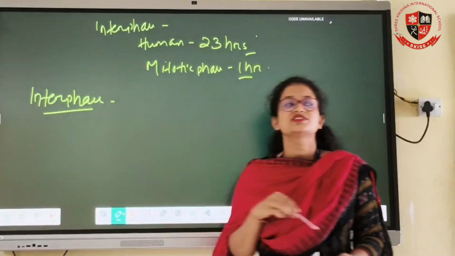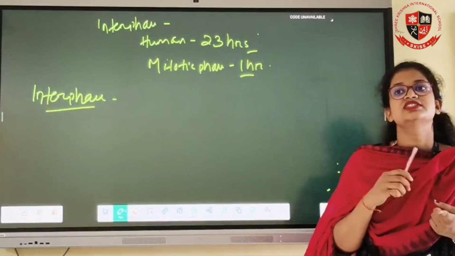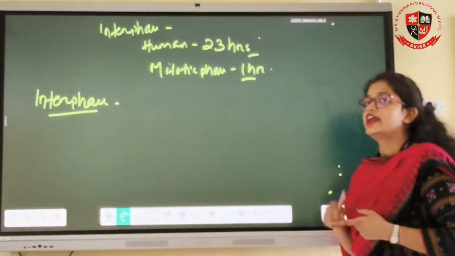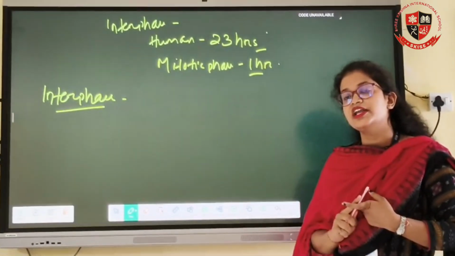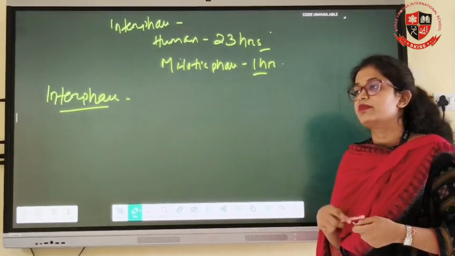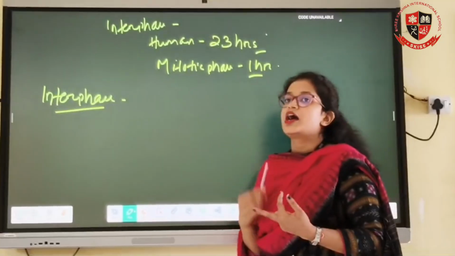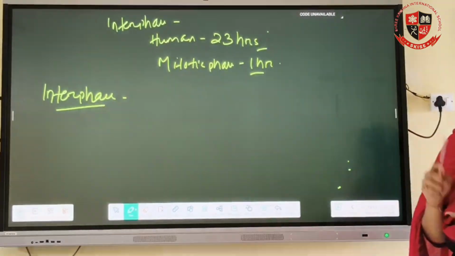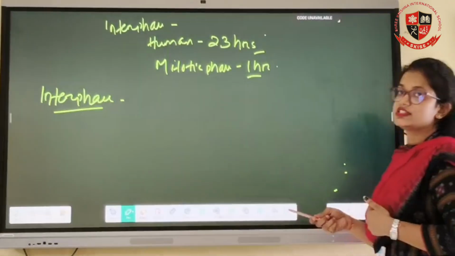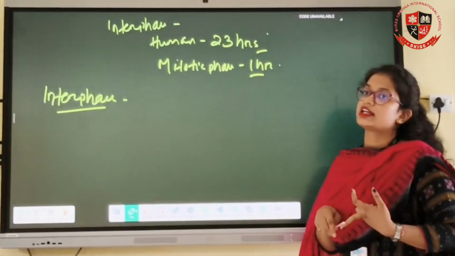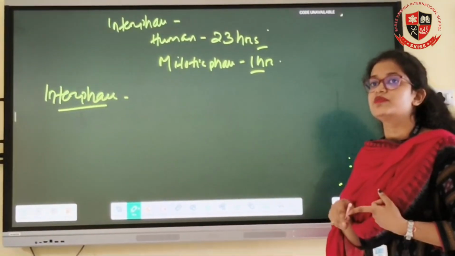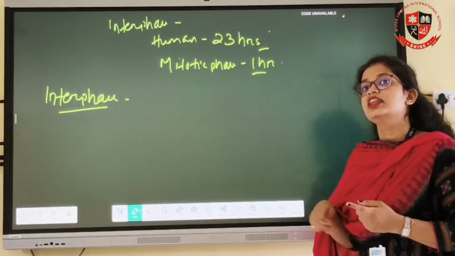Interphase is divided into G1, S and G2 phase. In interphase, what will happen? In interphase, the cell is not divided, but the cell is metabolically active. Metabolically active means amino acid formation, RNA formation, DNA formation and protein formation, which are required for the cell division.